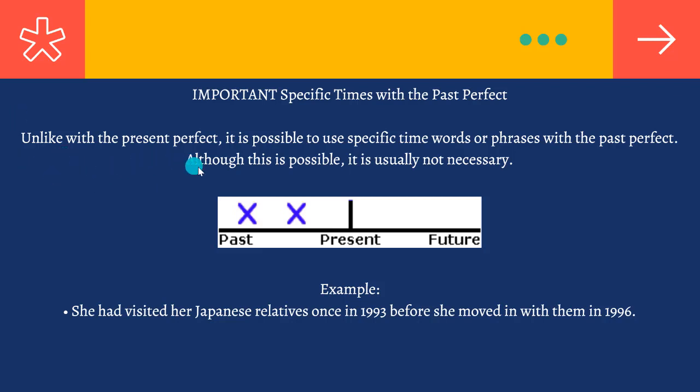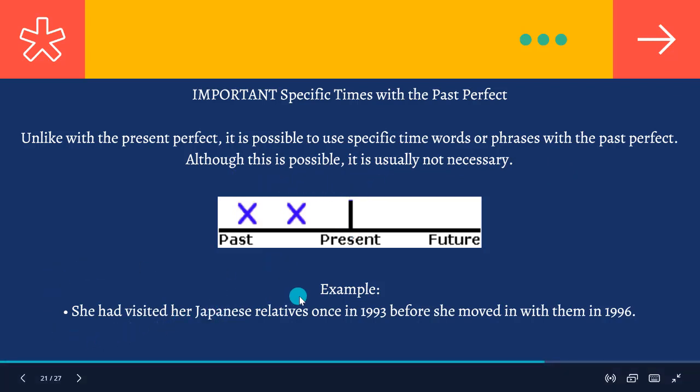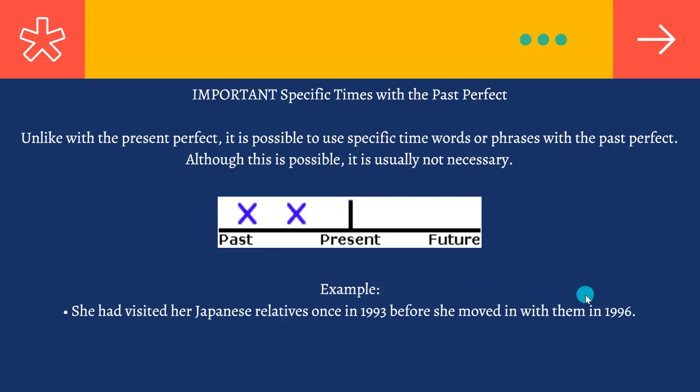Unlike with the present perfect, it is possible to use specific time words or phrases with the past perfect. Although this is possible, it is usually not necessary. For example, she had visited her Japanese relatives once in 1993 before she moved in with them in 1996.